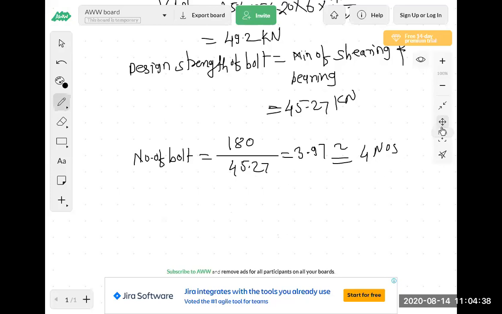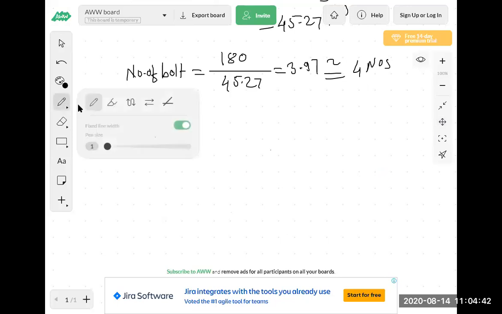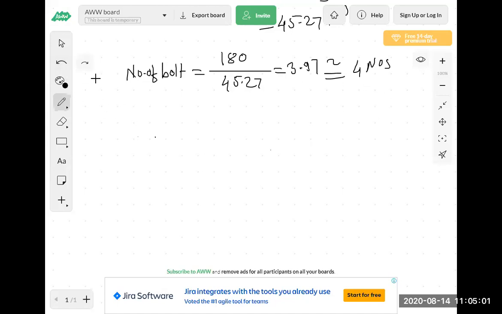Okay. So the number of bolts is over. So step number 4 is over. Now next, step number 5. After calculation of this number of bolts, you can draw the figure here because we got the actual number of bolts.